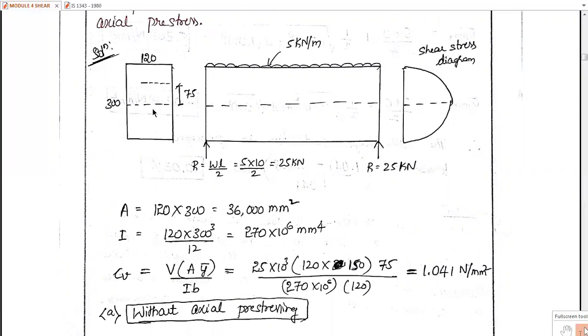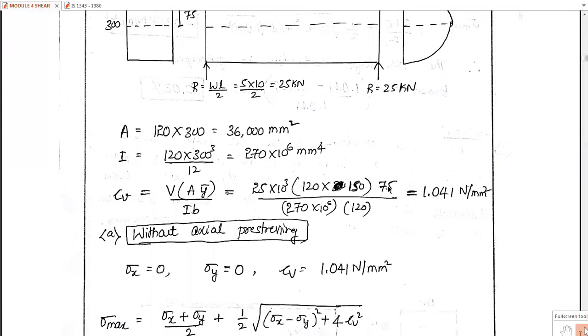Say we have taken half of the section; for this section, what will be the distance between the centroid of the area and the neutral axis? If you consider half of the section, it is 150 mm. The area will be concentrated at 75 mm. Then the distance between this centroid and the neutral axis will be 75 mm.